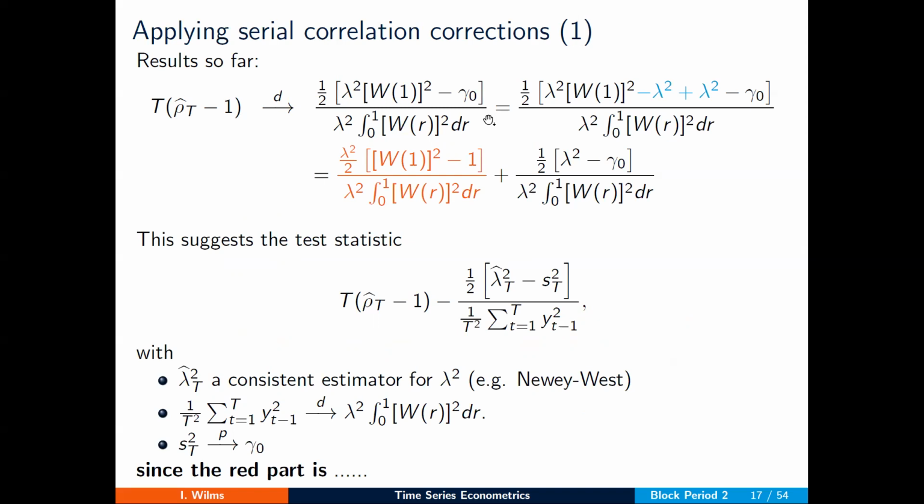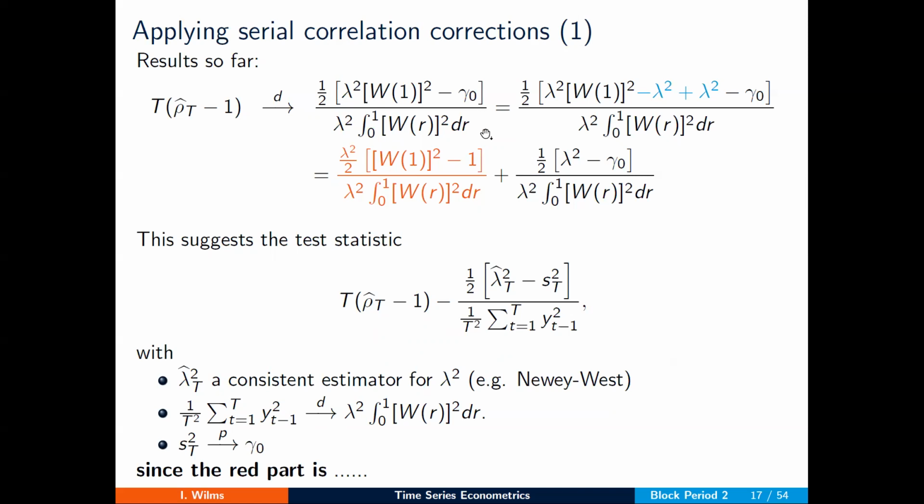The key idea is that I will try to rewrite this limiting distribution as a part that is free from nuisance parameters and a part that still contains nuisance parameters. Why do we do that? Well, that will become clear in a minute.